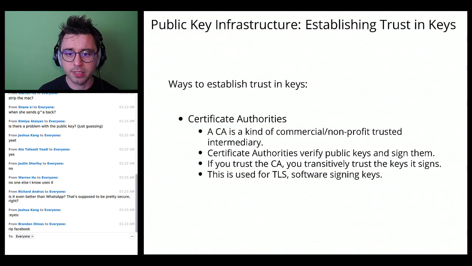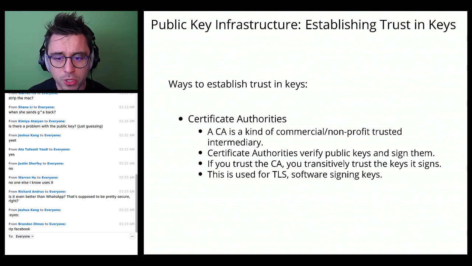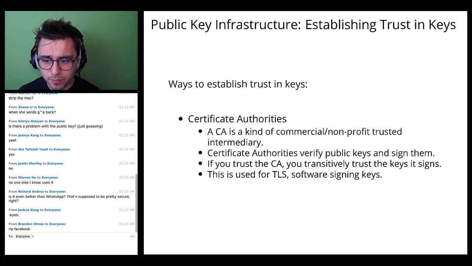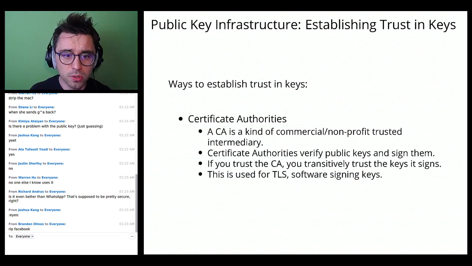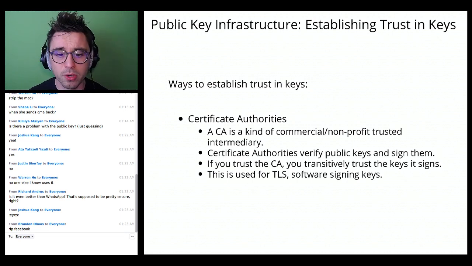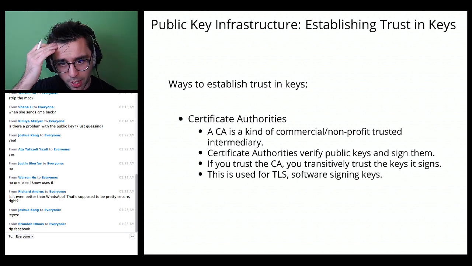A CA is either a commercial or nonprofit trusted party. One example of a CA is Google. They issue certificates, and certificates are basically just a fancy way of saying keys that are signed with other keys. We'll understand what certificates are by the end of this lecture.